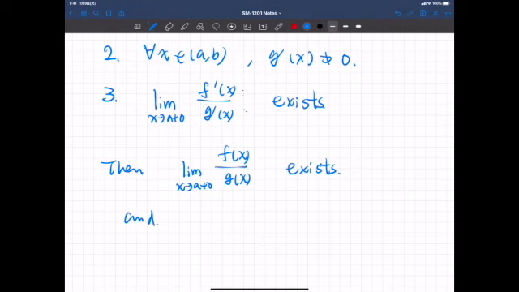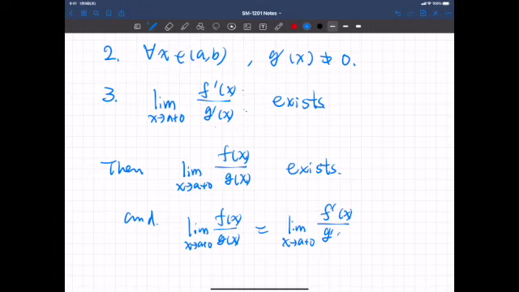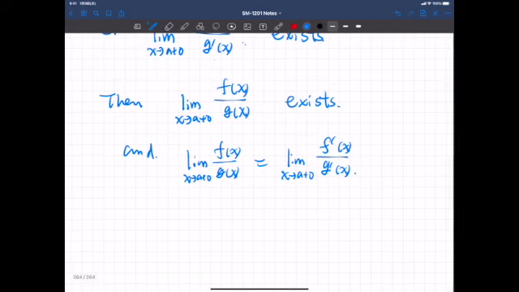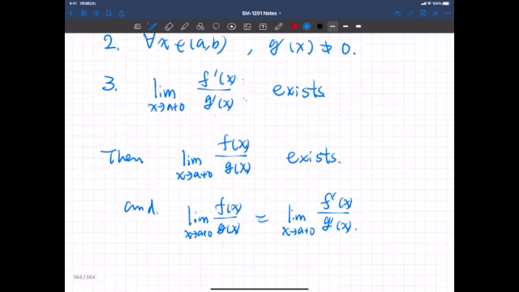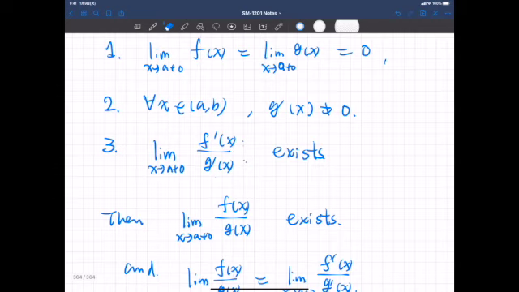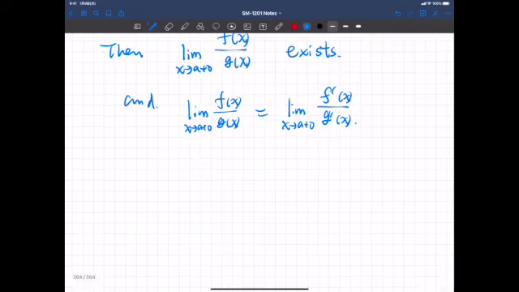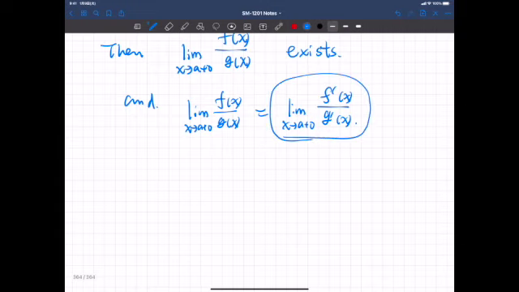And that limit is given by the limit of the ratio between their derivatives, f prime over g prime. Since we are assuming that g prime(x) is non-zero for all x in the domain, the latter limit can be computed.